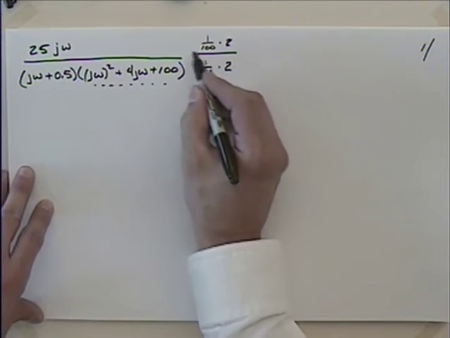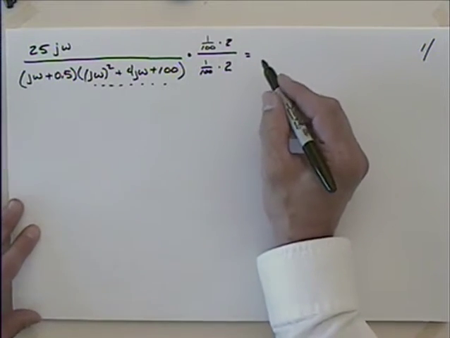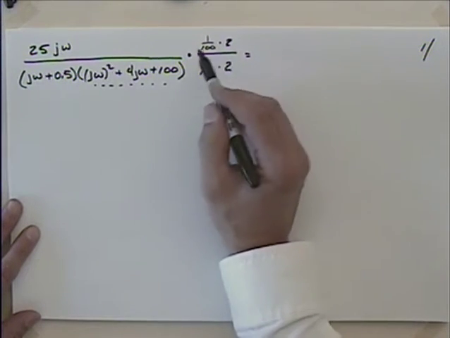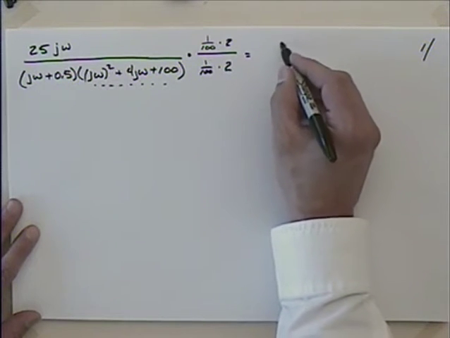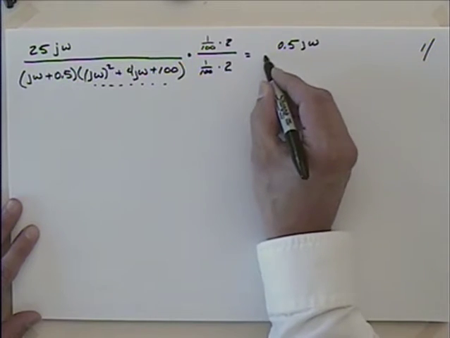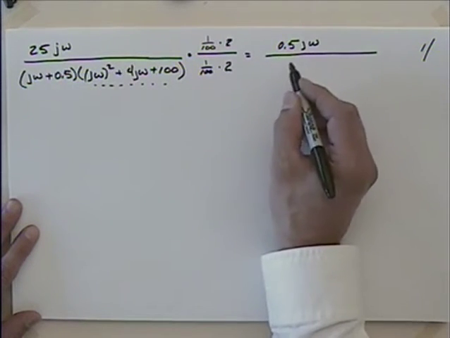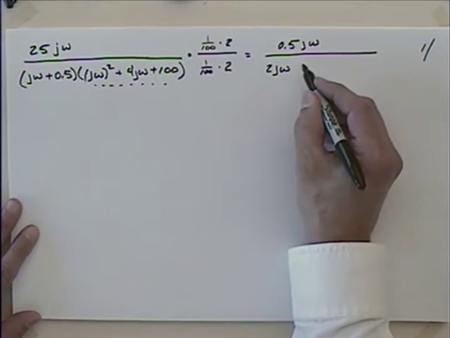So when I do that, of course I'm just multiplying by 1, kind of an odd looking one, but when I do that, you've got 25 divided by 50 turns out to be equal to what? 0.5 j omega, and then in the denominator I get 2 j omega plus 1.